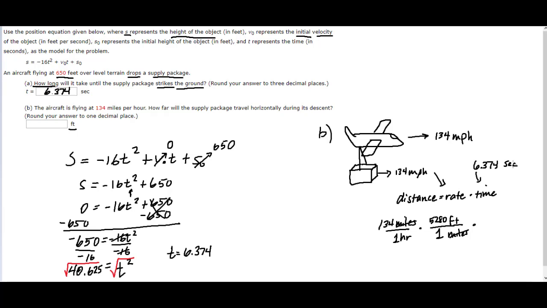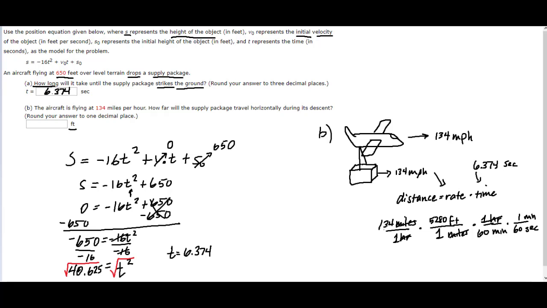I need to get seconds because my time is in seconds, not in hours. So I do the same thing and I put hours on the bottom. And I can convert hours to minutes pretty easily. Right? 1 hour is 60 minutes. So you see we're essentially multiplying by 1 every time we do this. Now that's feet per minute, and I want feet per second. So 1 minute is 60 seconds.